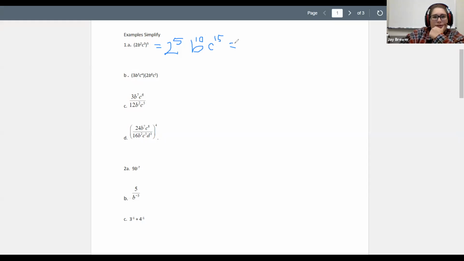If we wanted to take it a step further and evaluate, did anyone figure out what 2 to the 5th was? I think it's 32. It is. Very good. I would accept either answer.